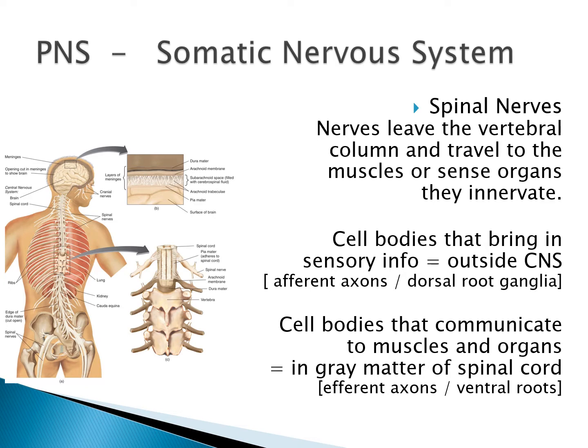We have cell bodies that are bringing in sensory information from outside the central nervous system. We often call these afferent axons or arriving axons. I think I've done that in this class. And they're also called dorsal root ganglia, because they have their cell bodies outside of the central nervous system. They are those ganglia that are hanging out and then communicating into the central nervous system.